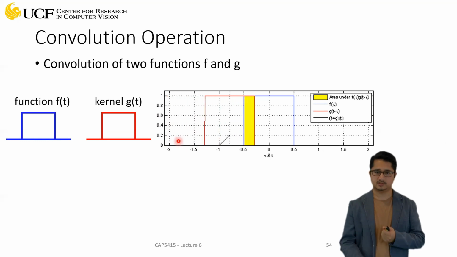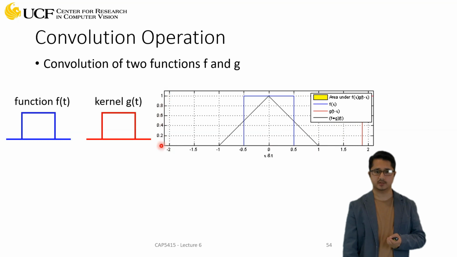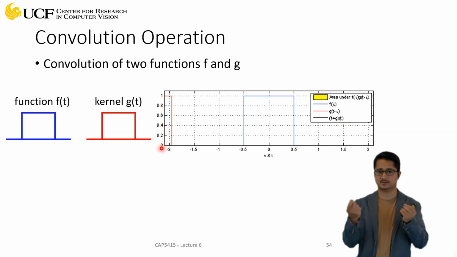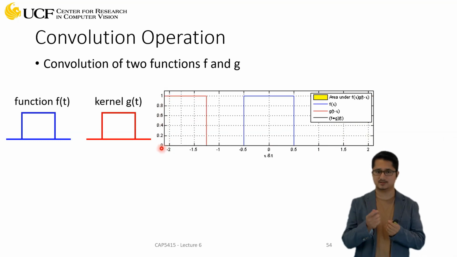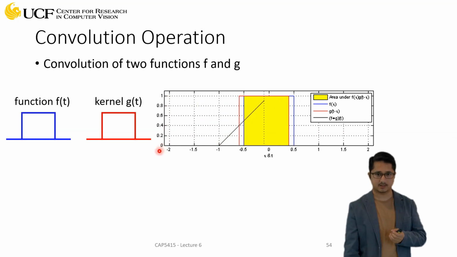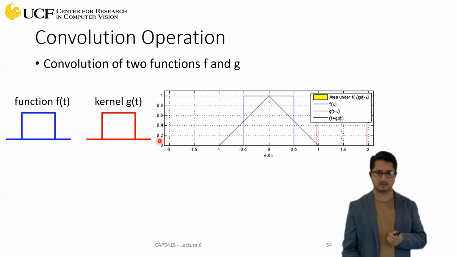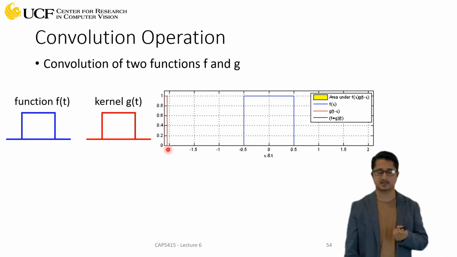What you see is that this kernel is not matching with the function at this location. So the response will be 0, because it's just element-wise multiplication. In this case, it's a 1D function, and we just have two values, either 1 or 0. At this location, if you apply the kernel, g(t) has a value of 1, but f(t), the function, has a value of 0.